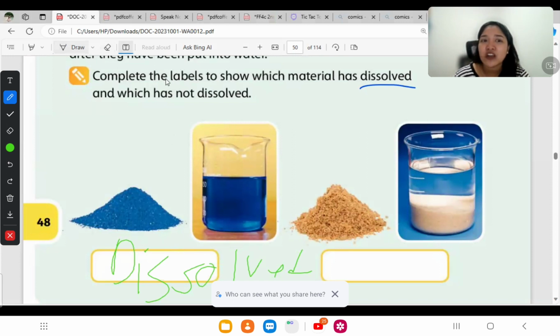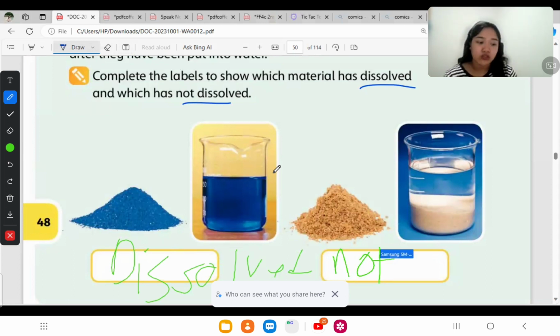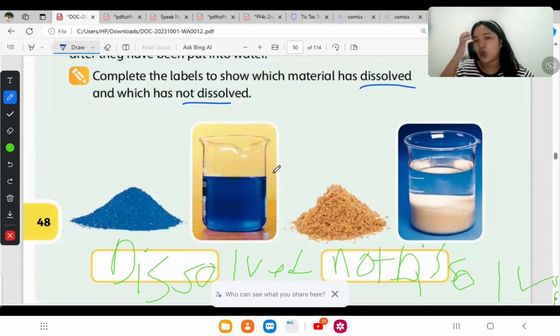So it means we're going to write here, not dissolved. D-I-S-S-O-L-V-E-D. So it means that some of the powder can dissolve in the water, but some materials cannot, or did not dissolve in the water.